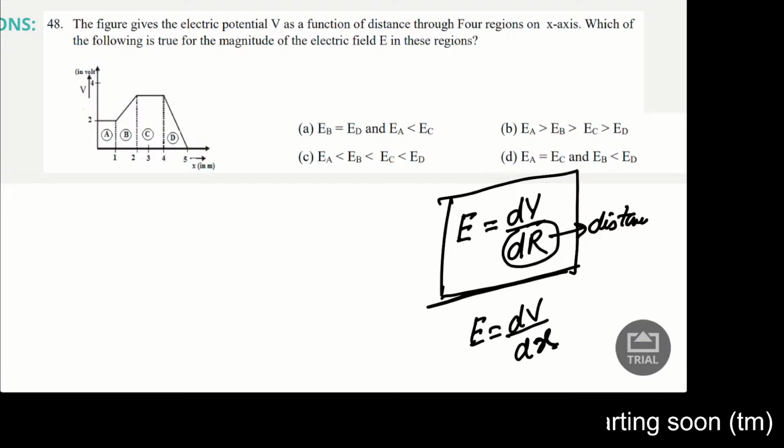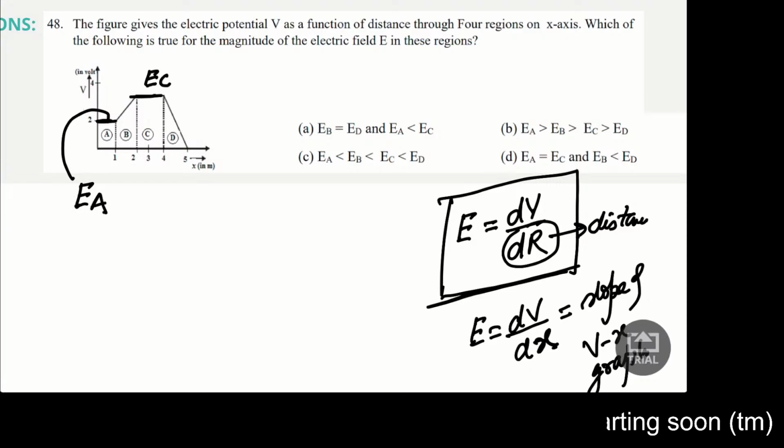When I talk about dV by dx, it basically shows the slope of the Vx graph, the slope of the voltage and distance graph. What you can see is that the slope here is constant, and the slope here is constant. So EA and EC are the same value, only one option.